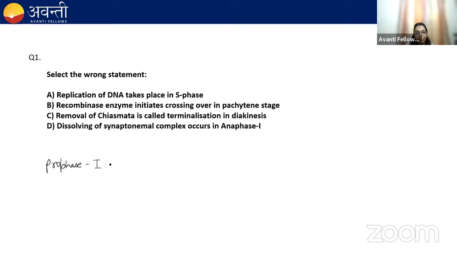We know that prophase 1 of meiosis 1 is very long and complex because it consists of 5 stages. Number 1 is leptotene, where the chromosomes become gradually visible.